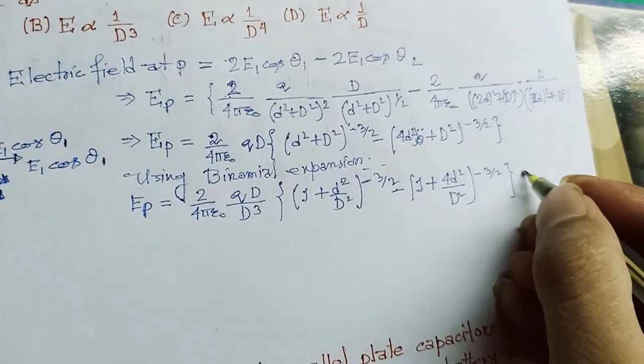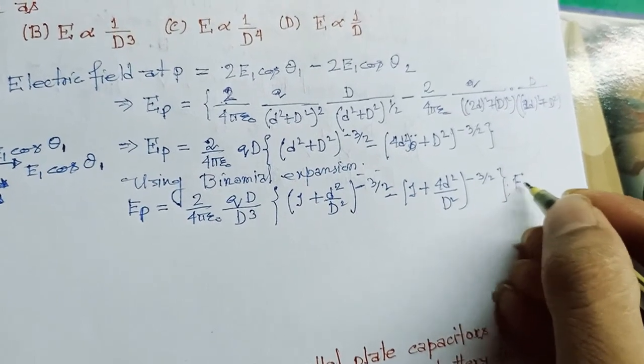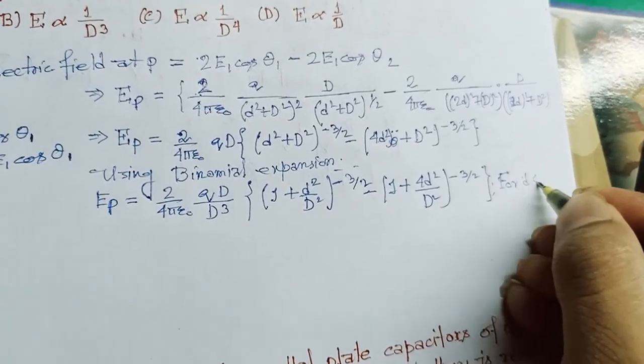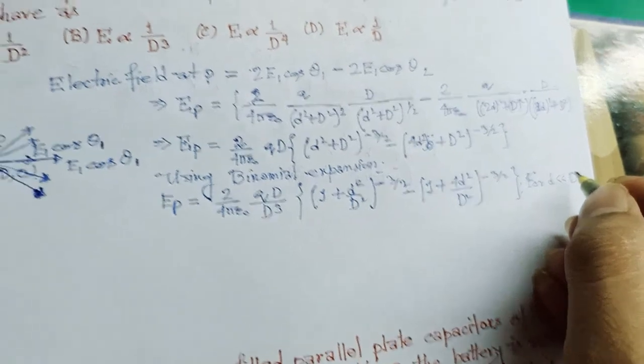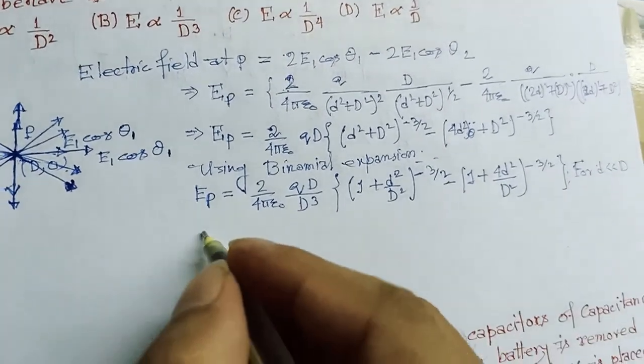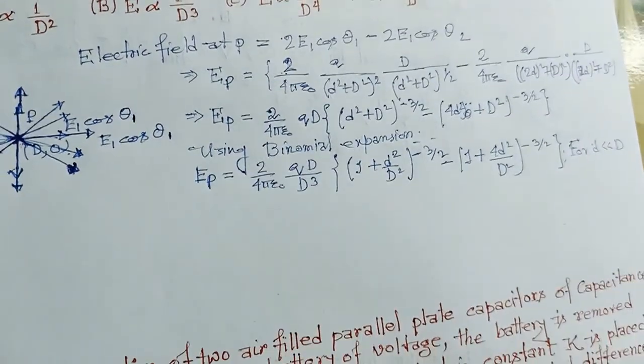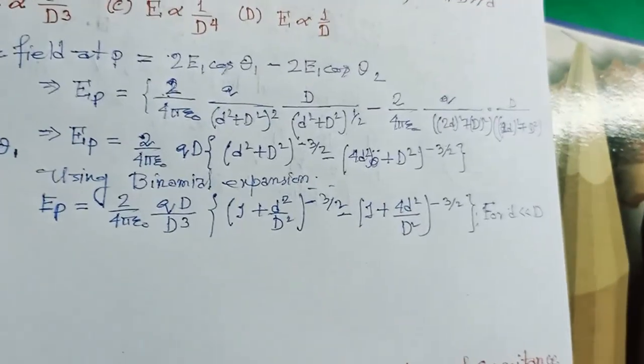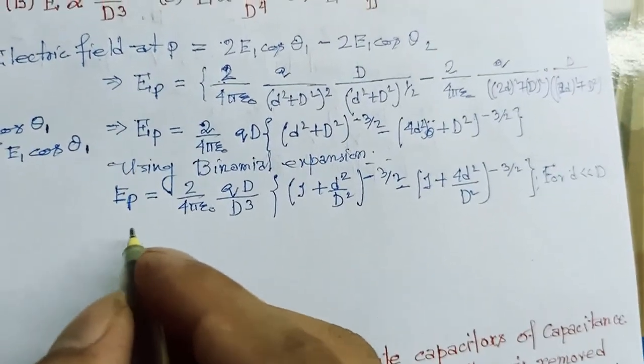For small d less than capital D, we can neglect the small quantities.